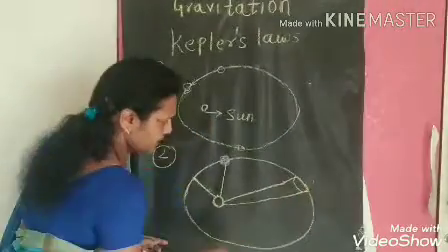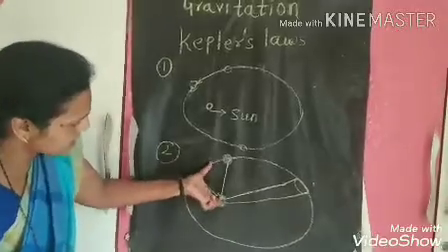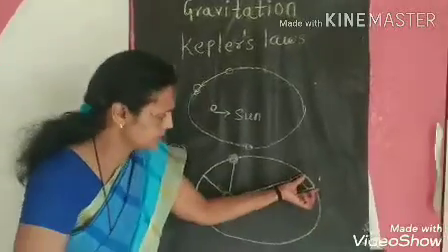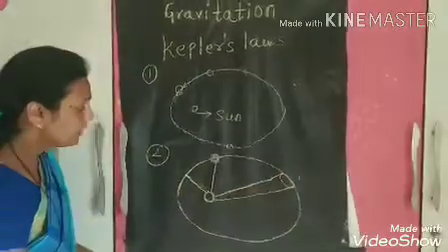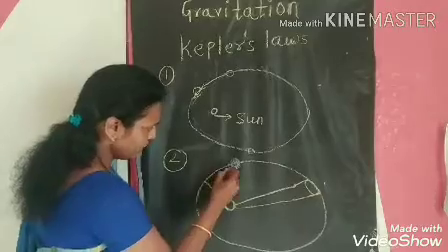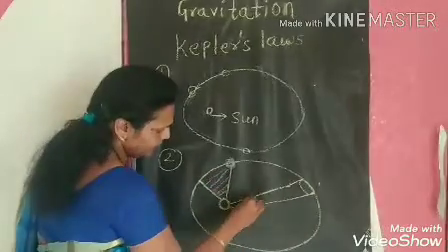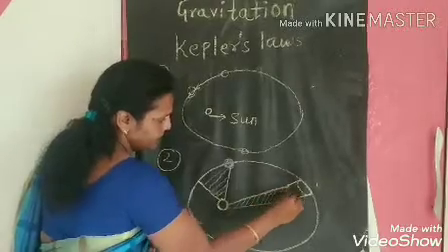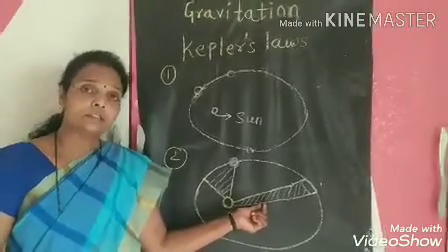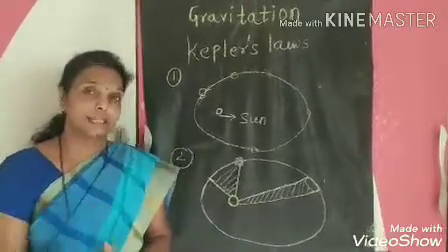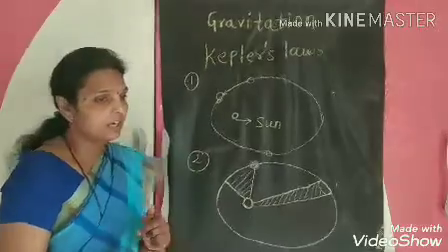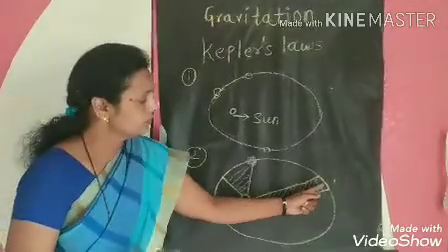Here is a planet. As compared to this, this area is a minimum. But whenever we count the area of this whole area, and if we count this area, it will be equal. From this, Kepler put forth the second law: the line joining the sun with the planet.